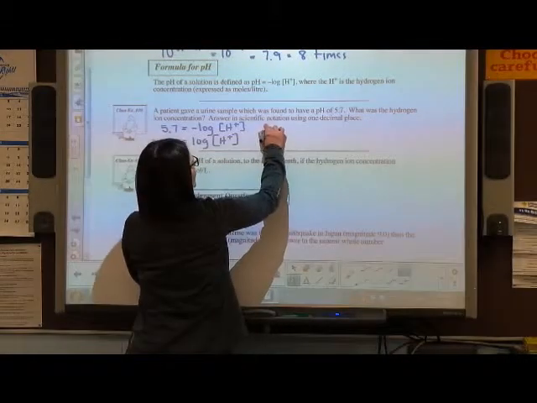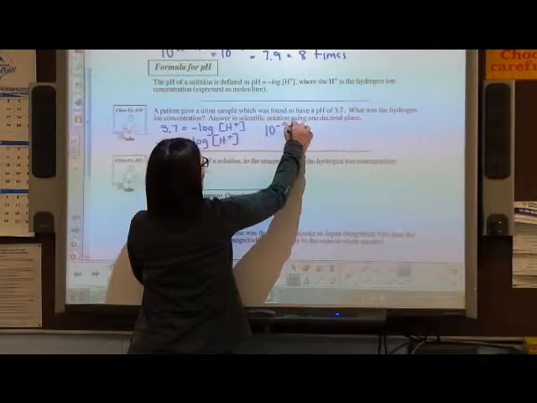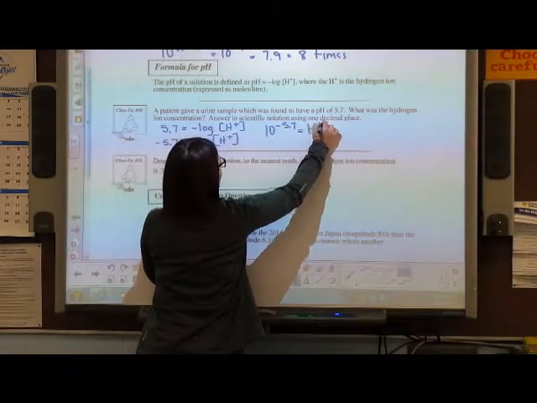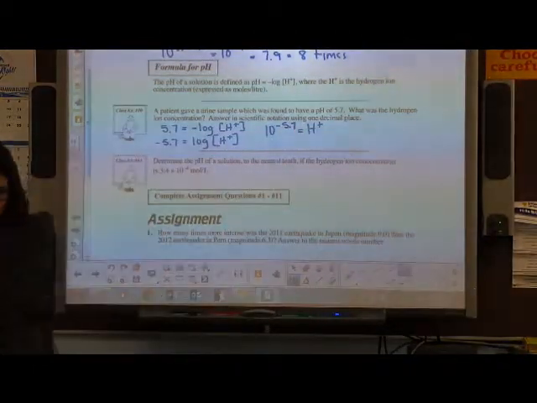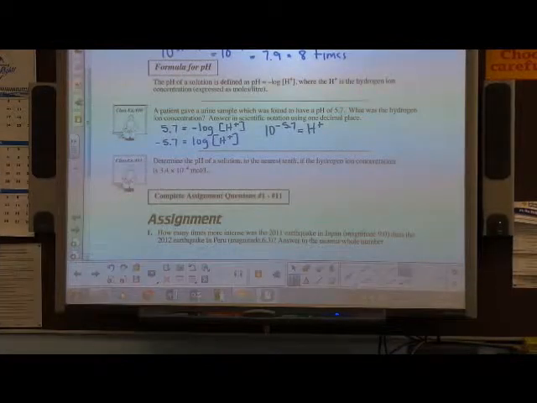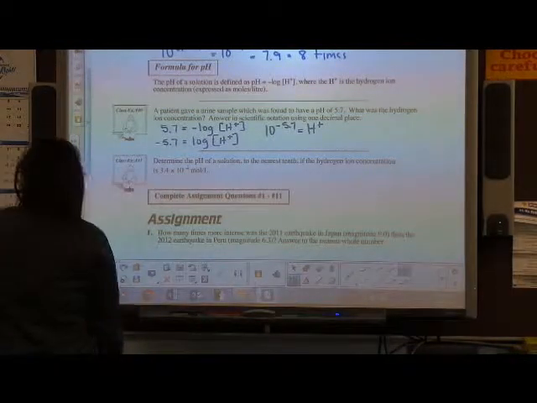Exponential function. So 10 to the power of negative 5.7 equals my hydrogen ion concentration. And we want to use scientific notation.